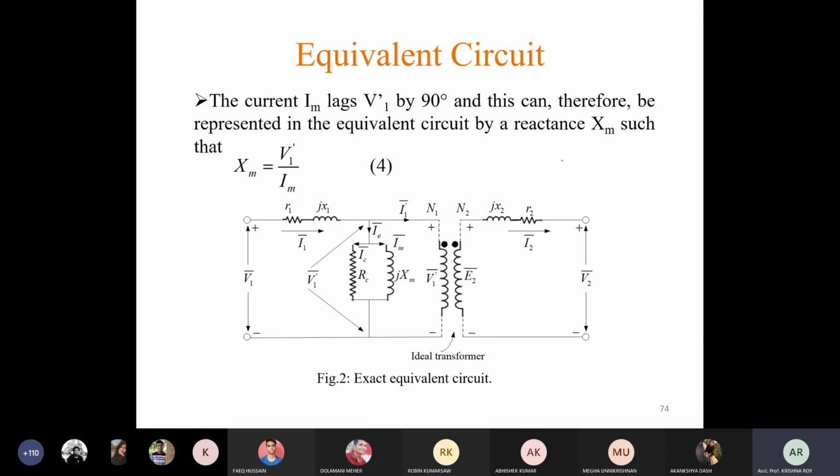So Rc can be calculated using V1 dash by Ic, and Xm can be calculated using this equation. Any question up to this?